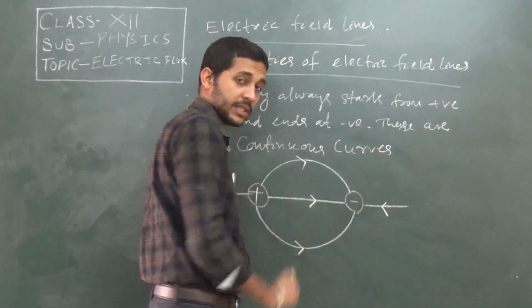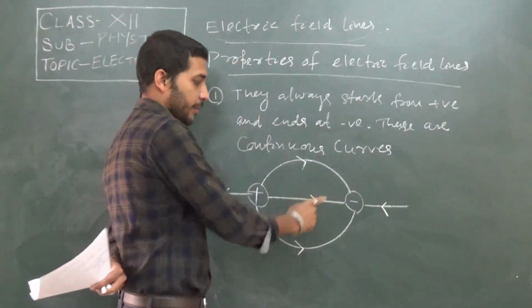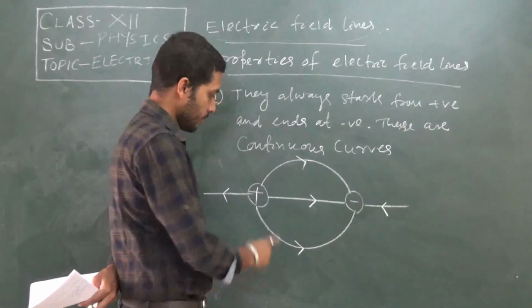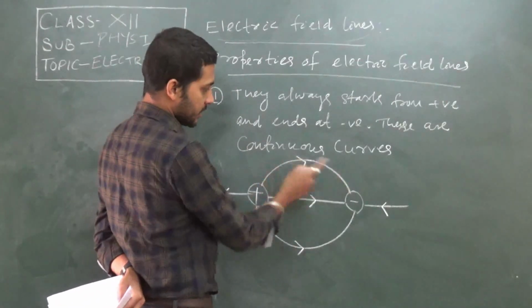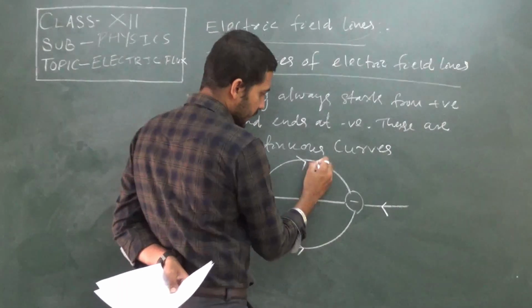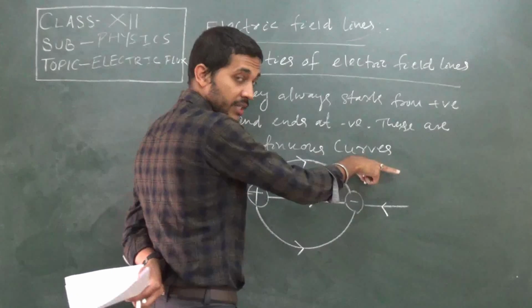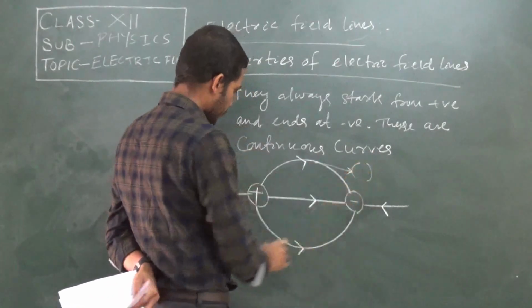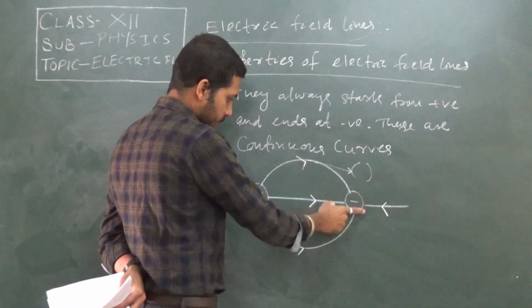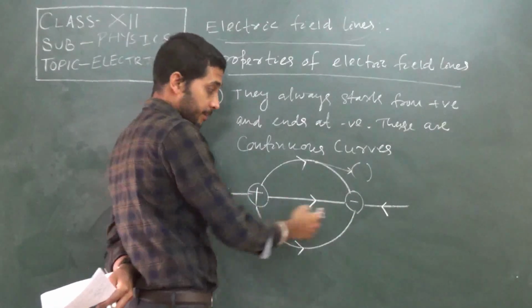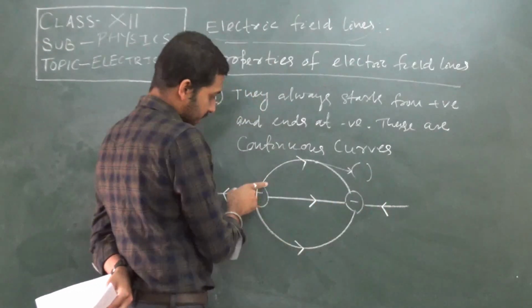This is the pictorial representation. Here it is curved. If you want to calculate the intensity, you need to draw a tangent only. Then you can see that at this place the direction of field is this one, and you can easily calculate the angle also. From plus the lines come out, and into the negative they go in.